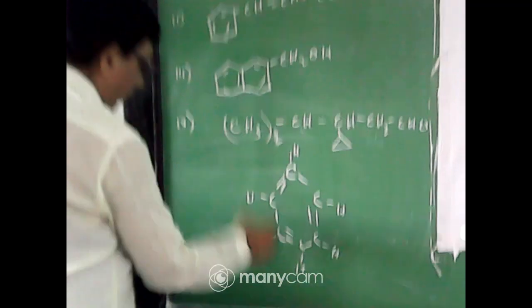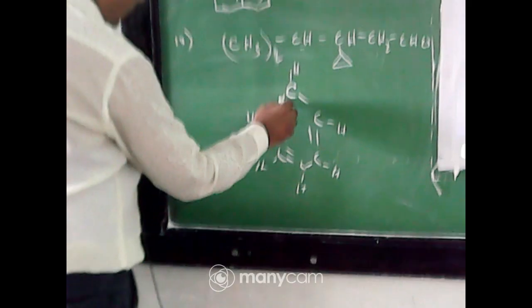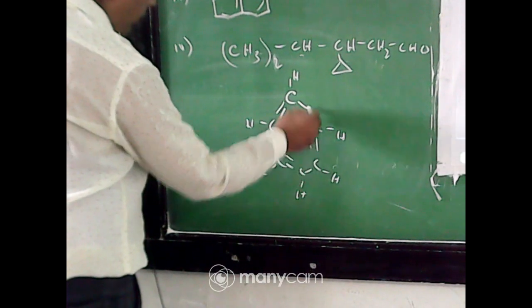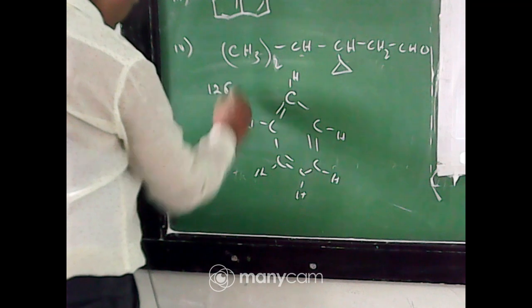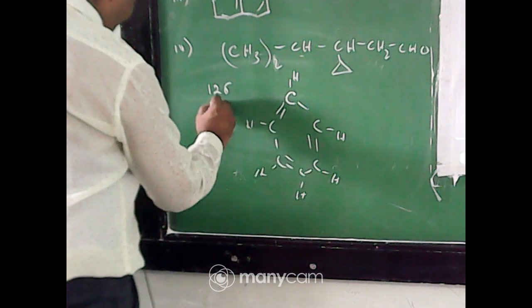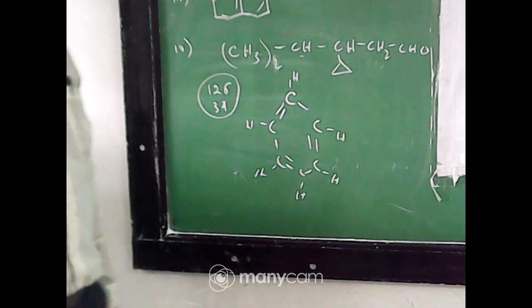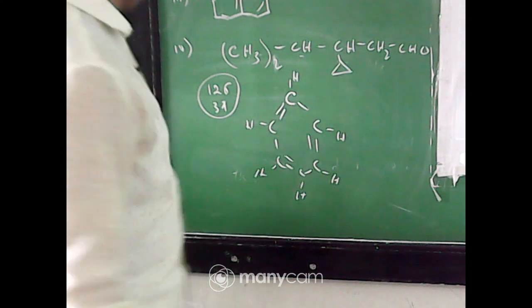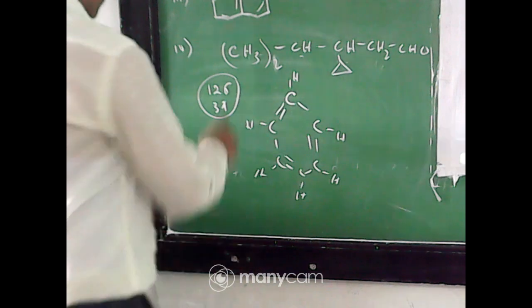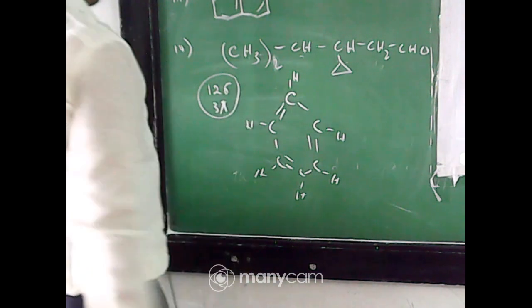The 6 hydrogens form 6 sigma bonds, so 6, 7, 8, 9, 10, 11, 12. There are 12 sigma bonds. How many pi? 1, 2, 3. 3 pi. So you must remember that one benzene ring equals 12 sigma and 3 pi.